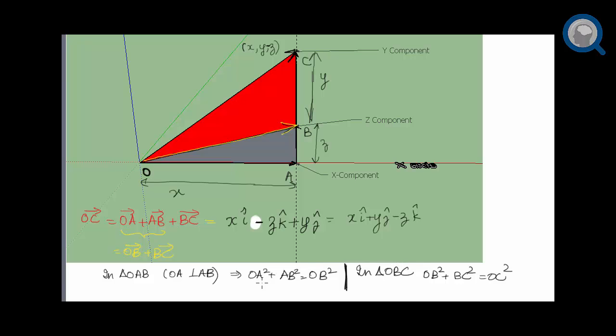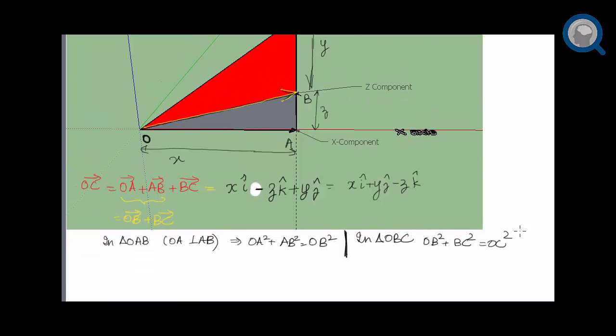What is OB square? OB square is OA square plus AB square. So putting that value in our equation, we get OC square equal to OA square plus AB square, which is OB square, plus BC square. Now OA is x, AB is z and BC is y.